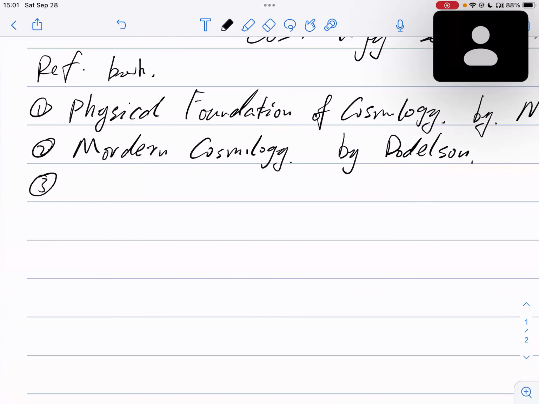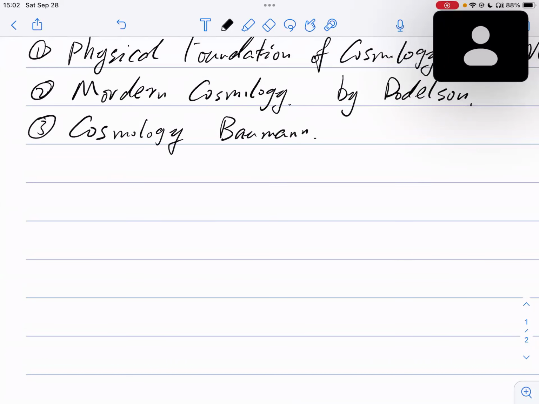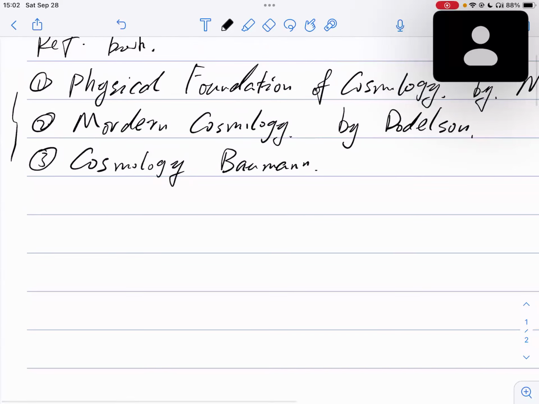And the third one is the newest cosmology textbook, published in about 2022 by Daniel Baumann, a professor at the University of Amsterdam. It's a new book with some inspiring features in it. Okay, so much for this. I will refer to some other books for some tricks or details, but mainly these three.